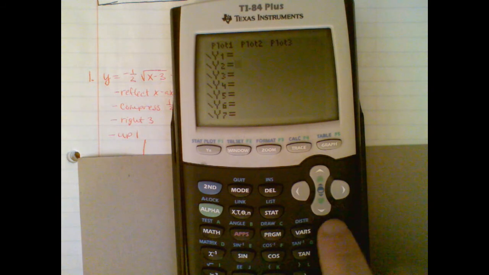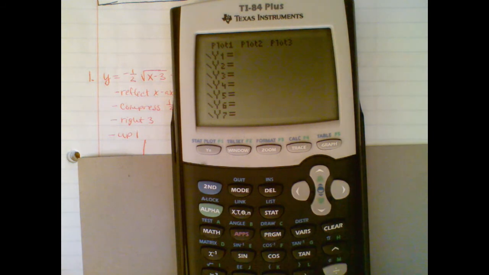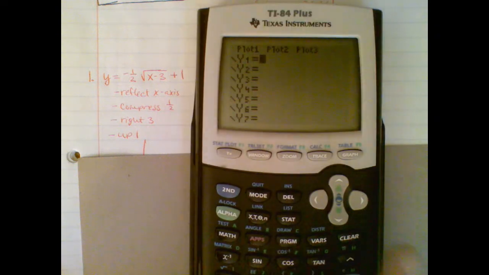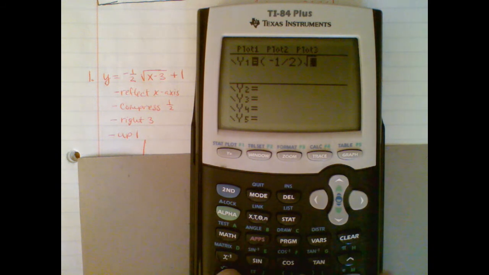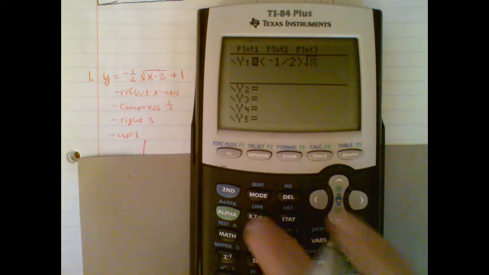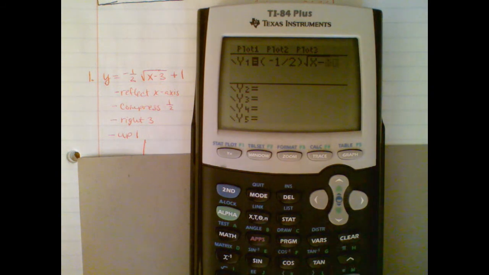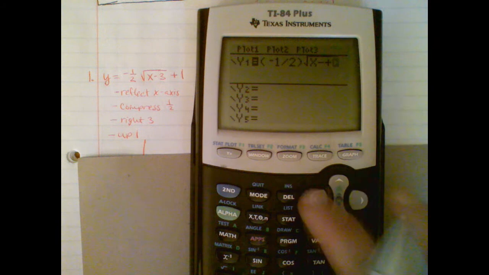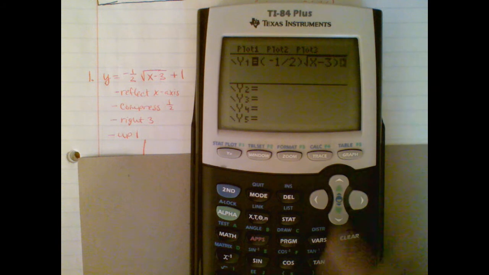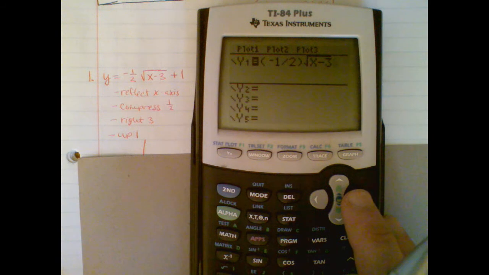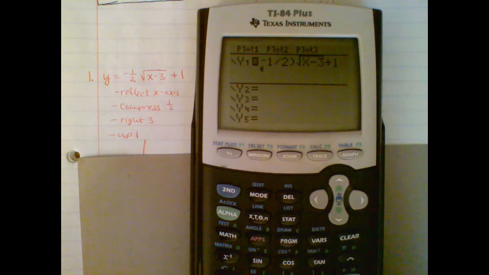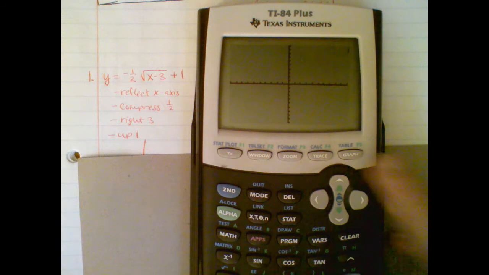We're going to clear out the equations that are there, and then we're going to type it in. If it is a fraction like this, I would put that -1/2 all inside parentheses times the square root of x minus 3 plus 1. Then we're going to click graph.